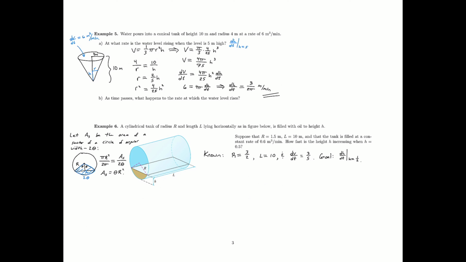Now we need to know what this side length is right here. Well, by the Pythagorean theorem, this would be the square root of the hypotenuse squared minus the other leg squared. And if we go through simplifying and expanding, collecting like terms, we're going to have r squared minus r squared minus 2hr plus h squared.